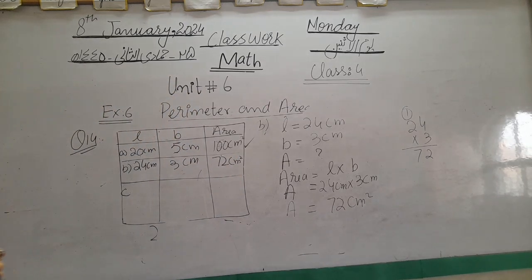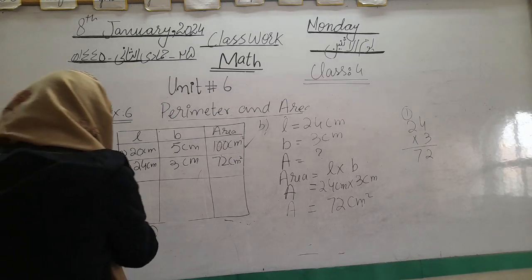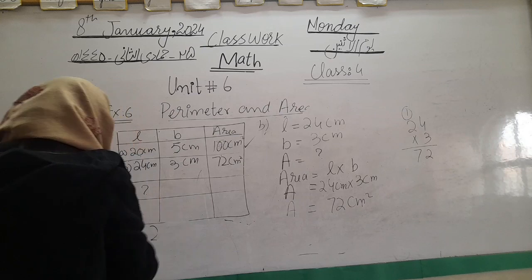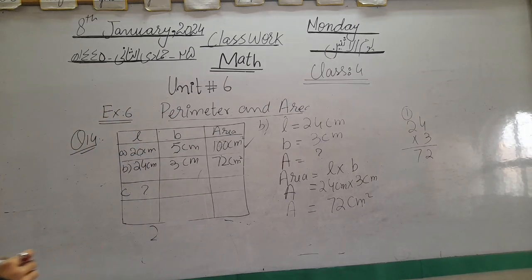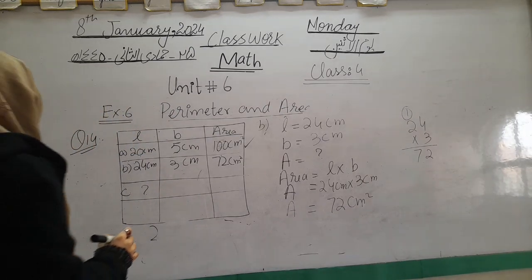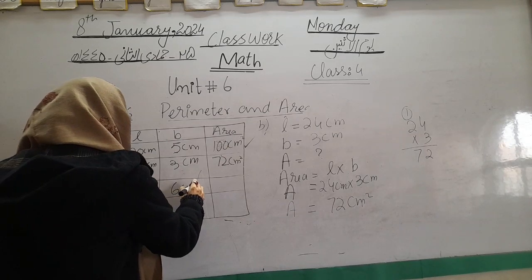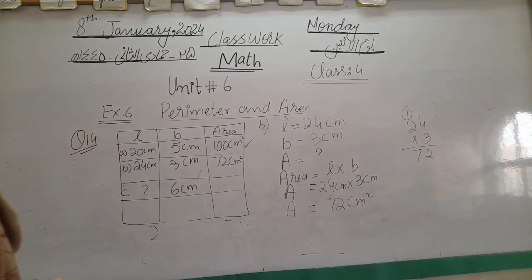Now we have C part, and in C part you have to find the value of length. What is the length? Length you have to find, and what is the breadth? Breadth is 6 centimeter. And what is the area?